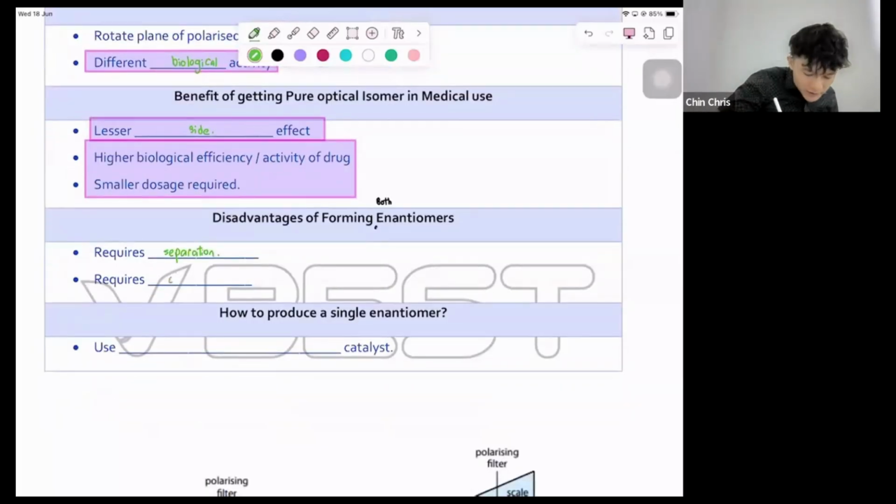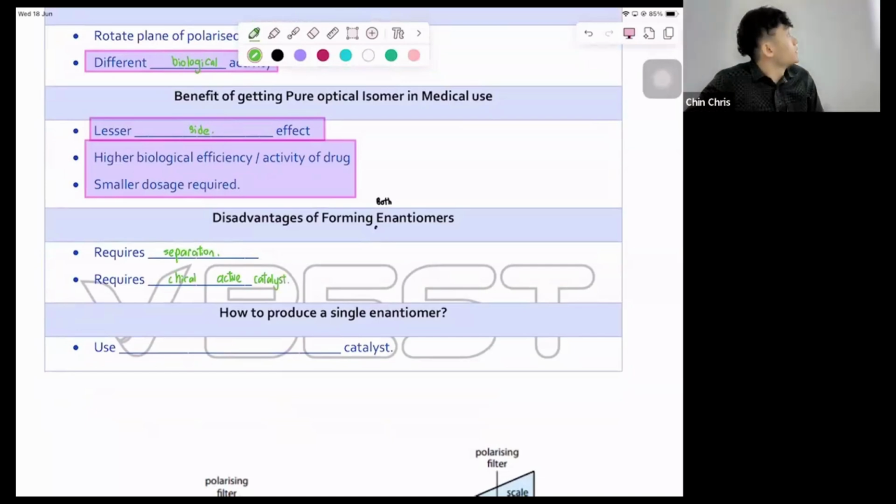It requires a chiral active catalyst. And finally, how do you produce just one single enantiomer? By using a chiral active catalyst. Done.